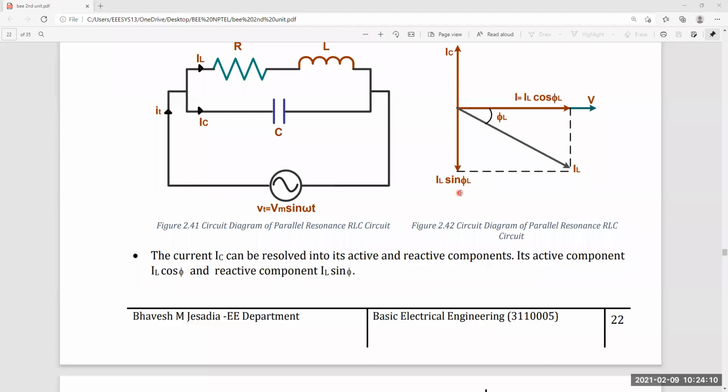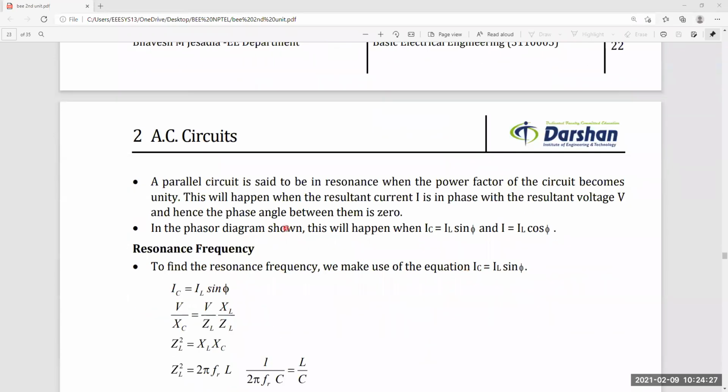Understand? The active component is IL cos phi. Power is equal to VI cos phi, and that is the active component. And the reactive component is IL sin phi. Understood?